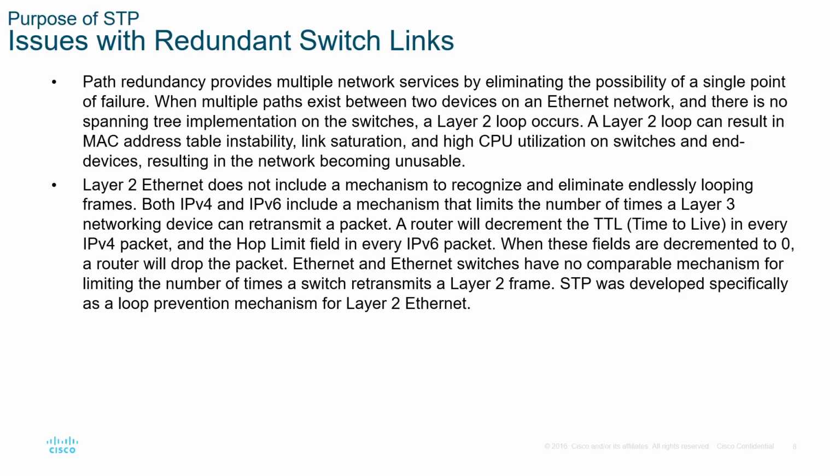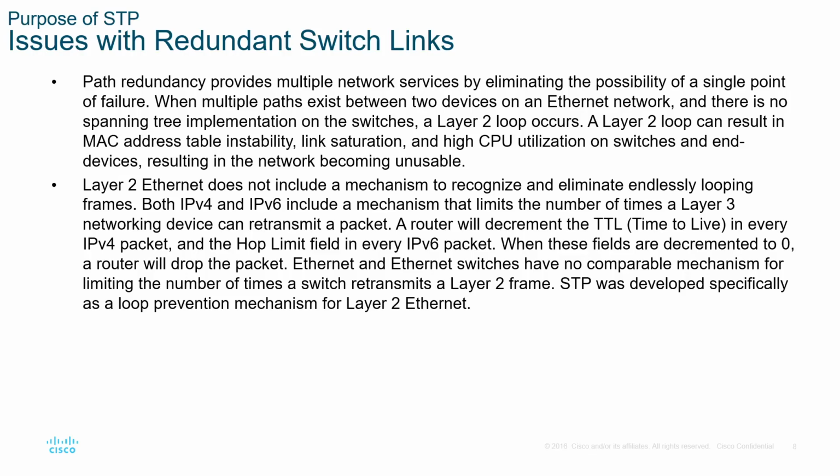Like mentioned previously, a layer 2 loop can result in MAC address instability, link saturation, and high CPU utilization on switches and end devices, resulting in the network becoming unstable. So whenever we have layer 2 loops, it may sound like a great idea. It is actually not a good idea if we have no means of preventing the loops and also preventing the MAC address database instability.